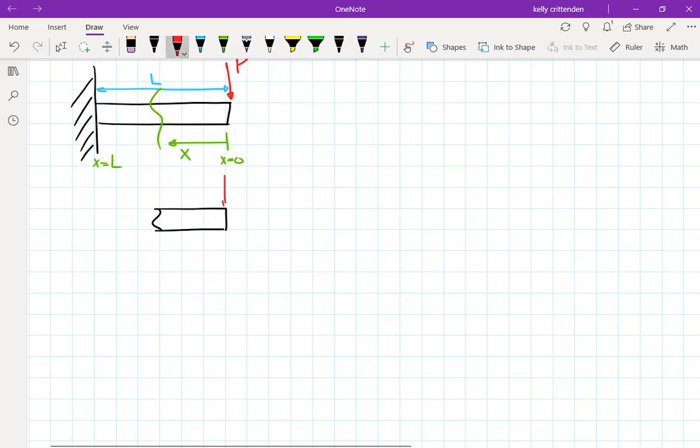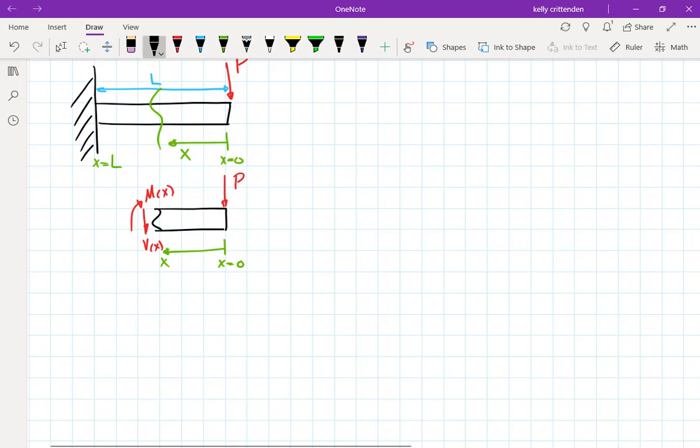It has point load P. I said that x is going to go this way, so x equals 0 and x equals x out that way. Got a shear force, and there's M of x that I'm interested in. There's V of x, which I'm not particularly interested in for this equation. Maybe there's some other reason I would want to know that, but not for the bending of the beam.